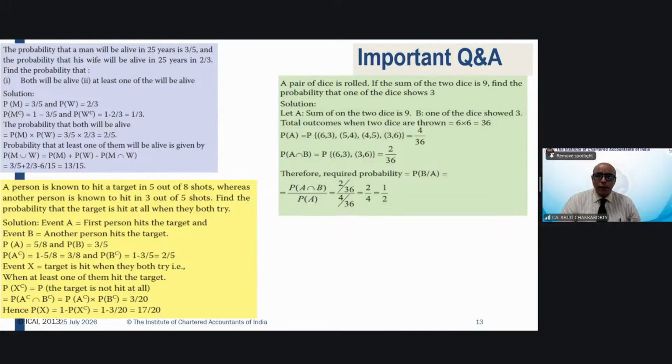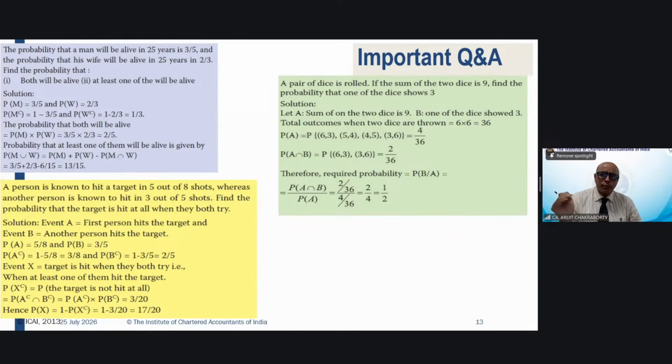And here we have already got the probability of A intersection B, which is 2 by 36. So we divide that by probability A, and that gives you the probability of B, assuming A has occurred. It's the conditional probability of B. And in this way, we arrive at the given answer, half.